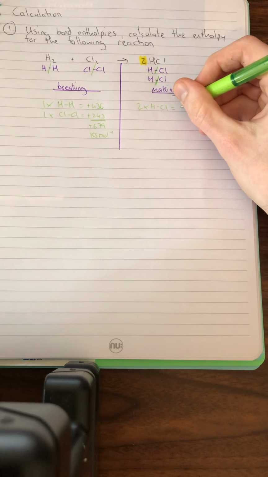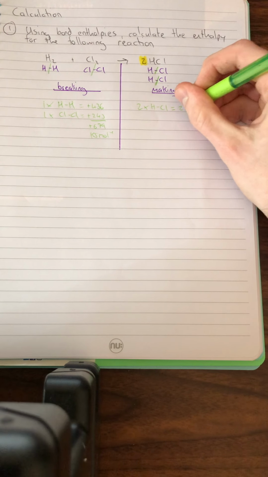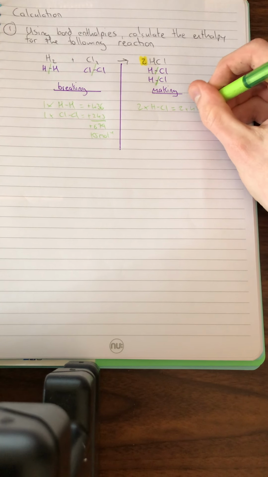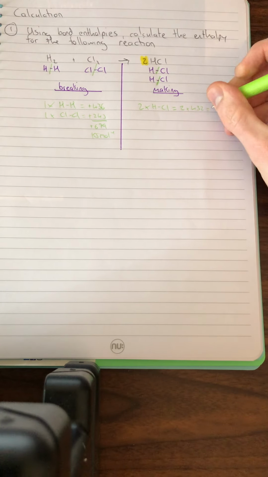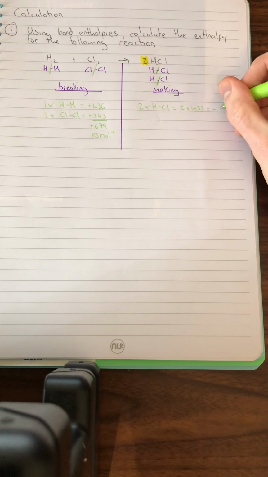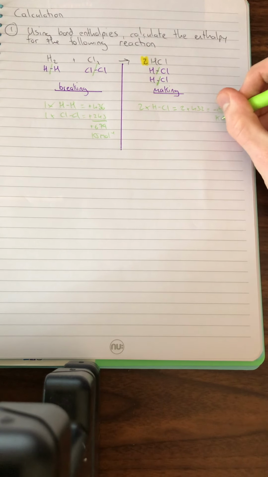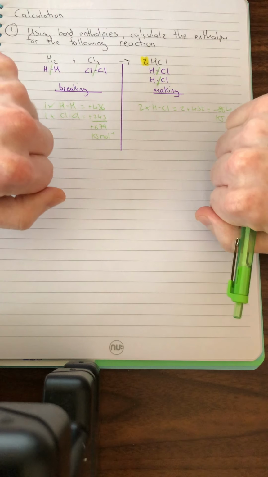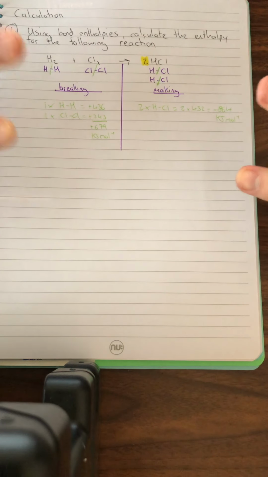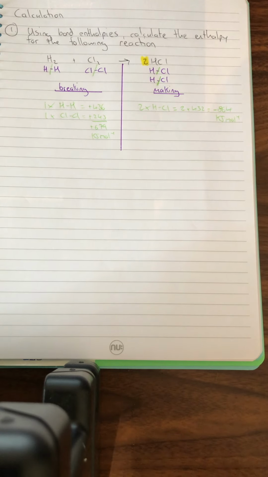Okay, so because we've got 2 of them, we do 2 times 432. And what does that equal? That equals negative 864 kilojoules per mole. Okay, why is it negative? Because we're making it. When we make bonds, boom, we release that energy.